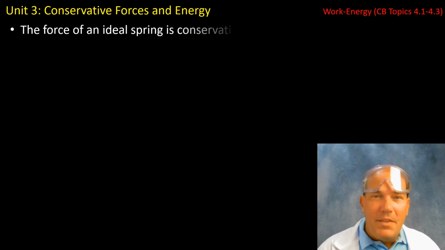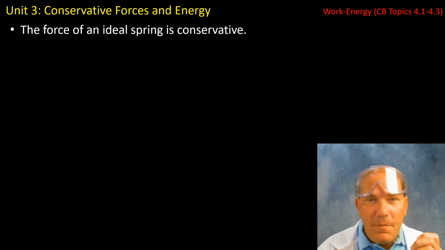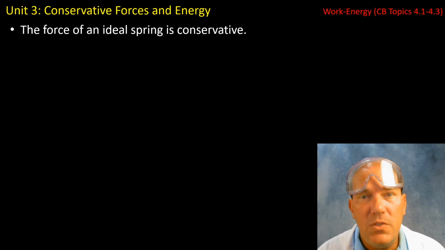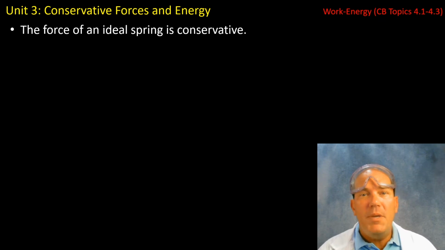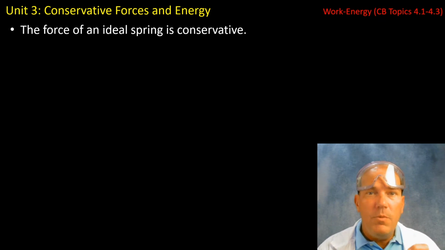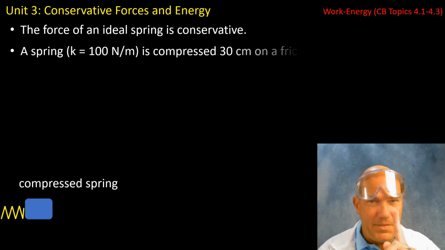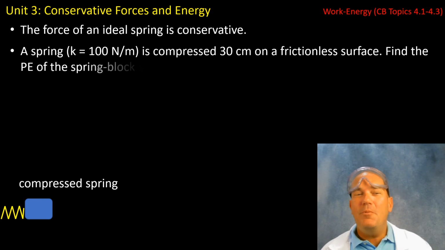Now, let's talk about a spring in the final part of this video, because the force of a spring is a conservative force, which means work done on or against this force would result in a change in mechanical energy. But mechanical energy is still conserved. So here we have a spring.